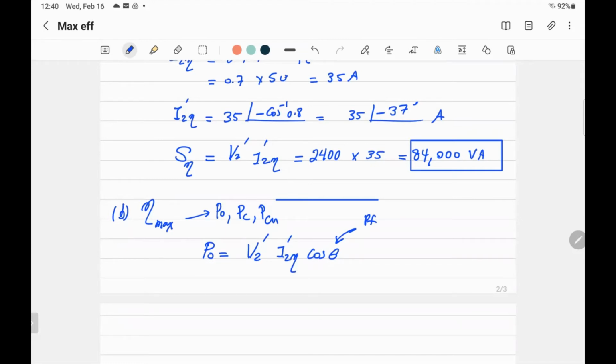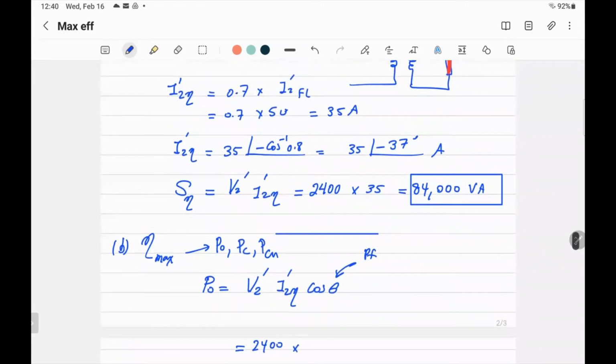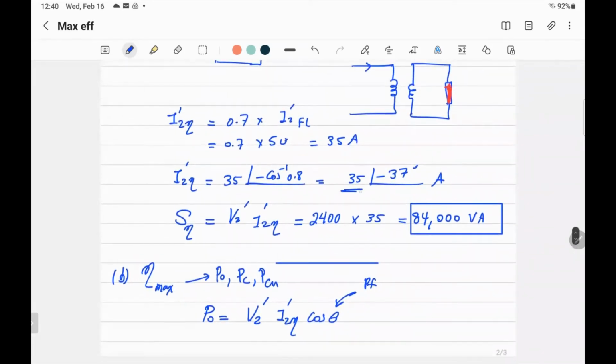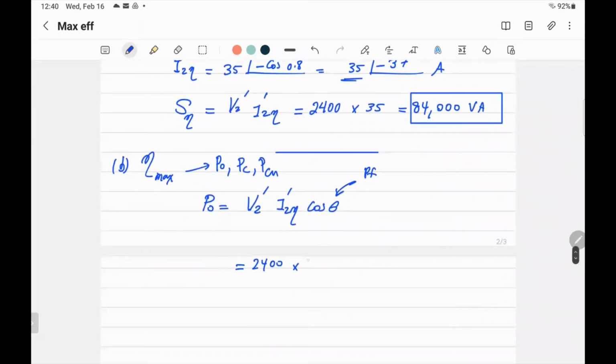Do you have everything? Yes, we do. The voltage is 2400 times I2 dash efficiency, which we just got, equal to 35. Take only the magnitude, 35, times the cosine theta, power factor equal to 0.8, and you get the power.